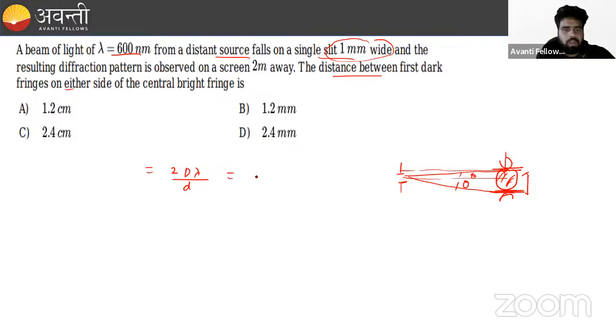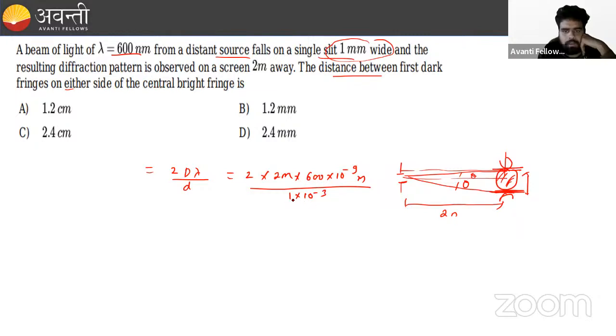So if we put the value here, 2 into, what is the value of capital D here? It is given that the screen is 2 meter apart from the slit, so put the value of 2 meter. Put the value of λ, 600 nanometer, which we have to convert into meter, and 1 mm in meter.